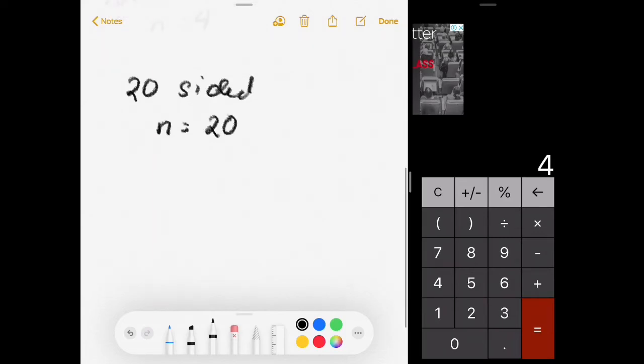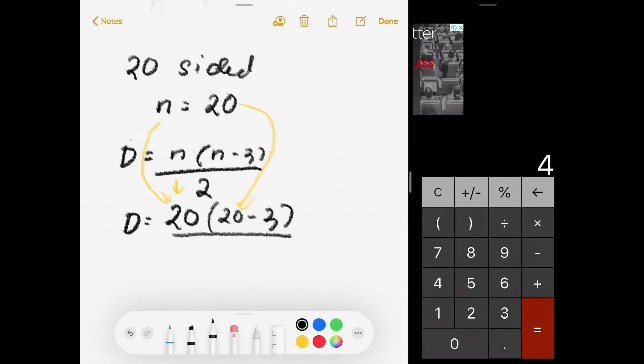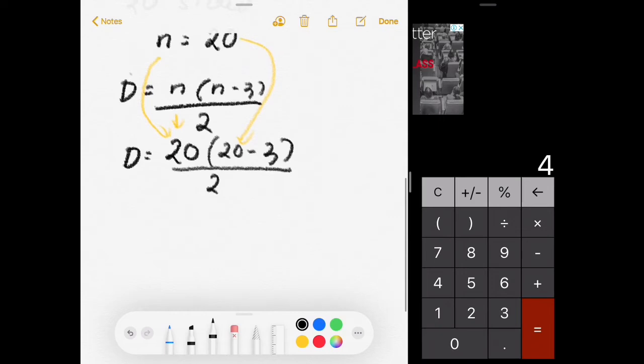We simply use the formula to get the number of diagonals: d equals n multiplied by n minus 3, all over 2. The missing variable is d, and we use the value n equals 20. So 20 multiplied by 20 minus 3, again coming from the value of n, 20. Work out where that comes from. And divide all of it by 2.